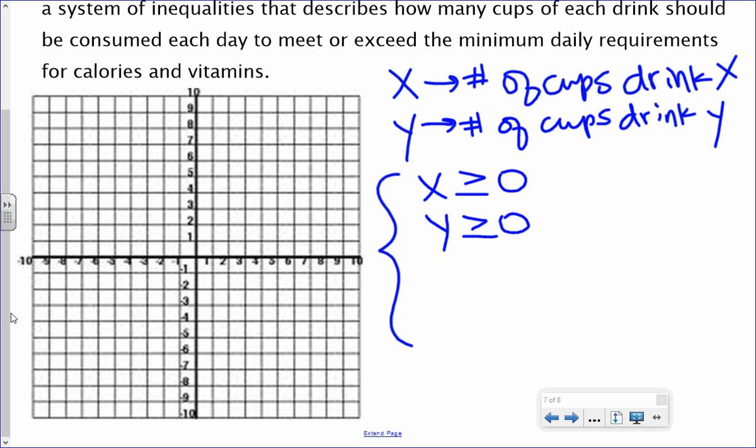What does that restrict you to? Which part of the graph? Above the x-axis and to the right of the y-axis. So that's basically telling you, focus your energy on quadrant 1.